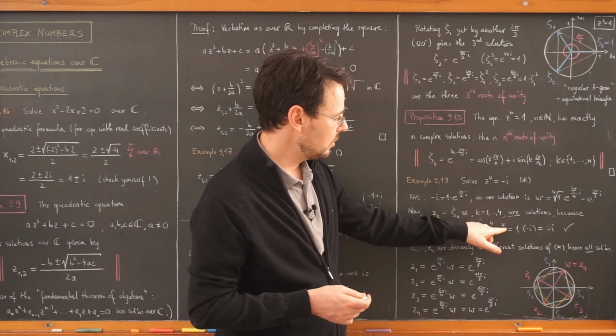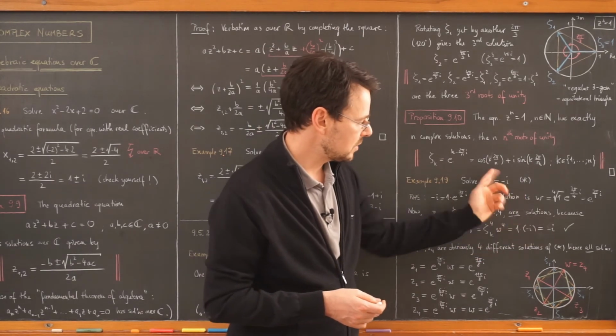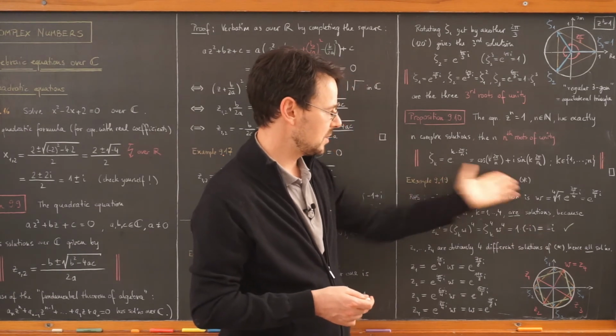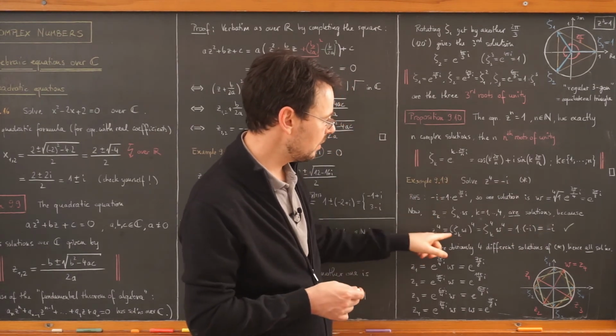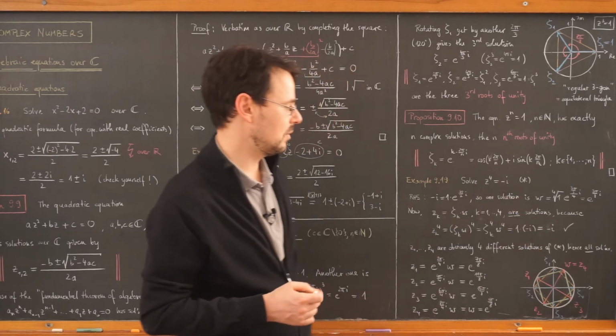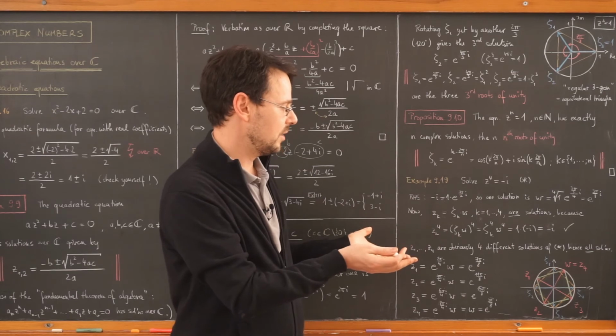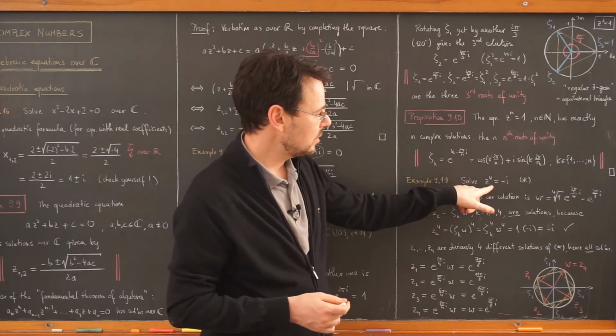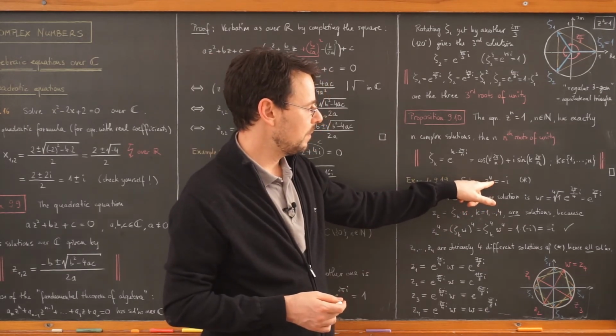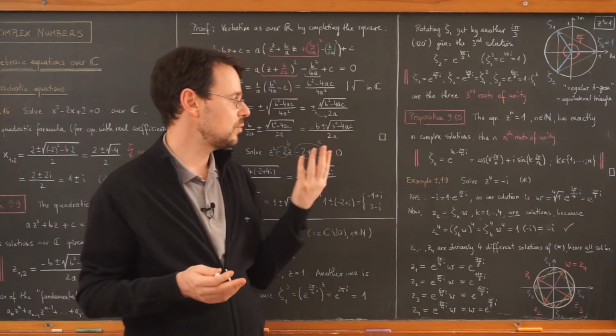And w to the 4th power is by construction simply minus i. That's how we started out. So all these are solutions of this equation. They are obviously different because they have different angles. And this is an equation of order 4, and this can't have more than 4 solutions.